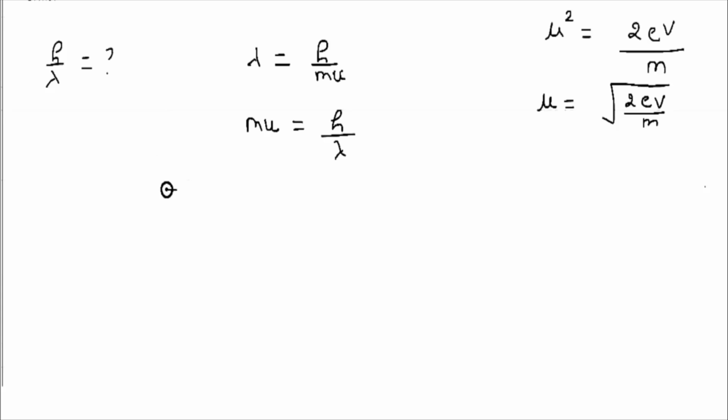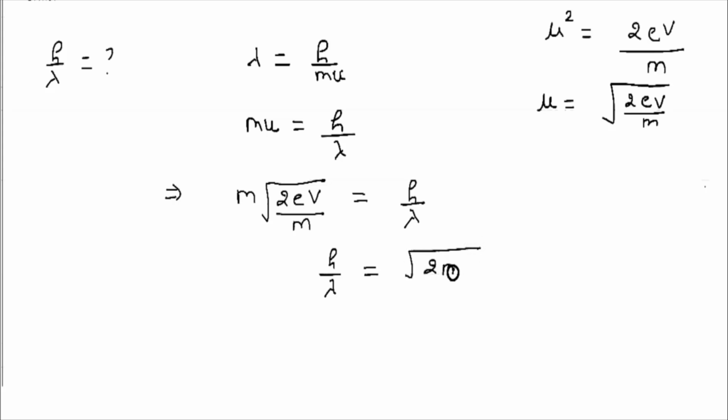After putting the value, we get m into under root 2eV divided by m, where e is the charge on the electron, V is the potential difference, and m is the mass of the electron, and it is equal to h by lambda. So I can write h by lambda is equal to under root 2meV, where m is the mass of the electron, e is the charge on it, and V is the potential difference applied. This is the value of h by lambda.